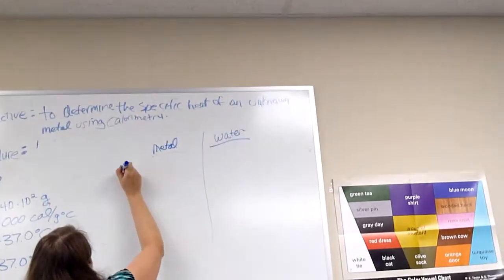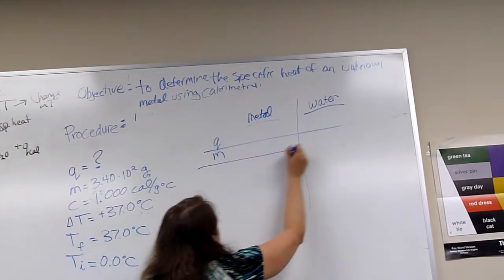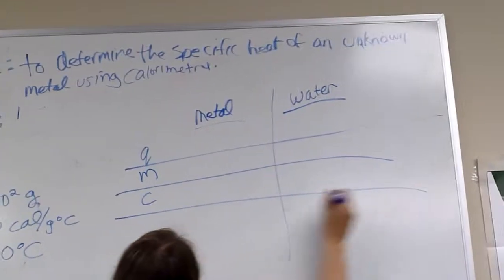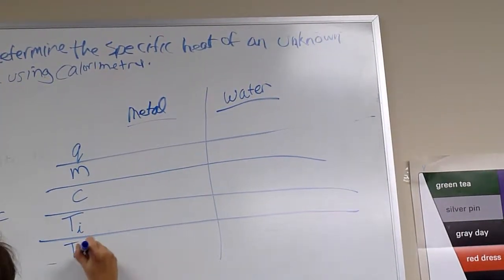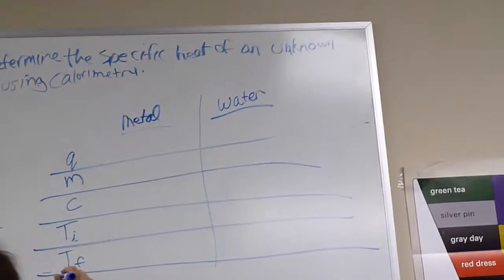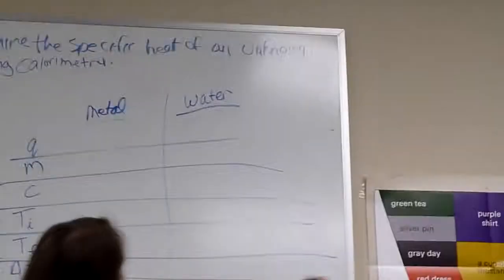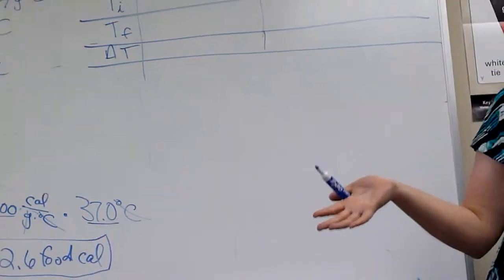And then I just write everything I could possibly know: Q, M, C, temperature initial, temperature final, delta T. Then you look at the chart when you're done filling it in and say, what do I know the most about? I'm going to start with that.